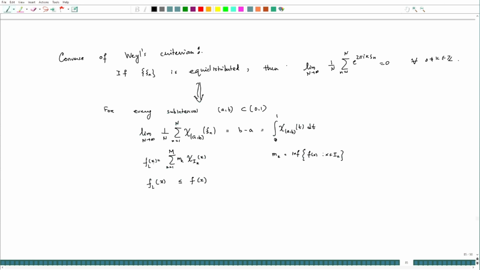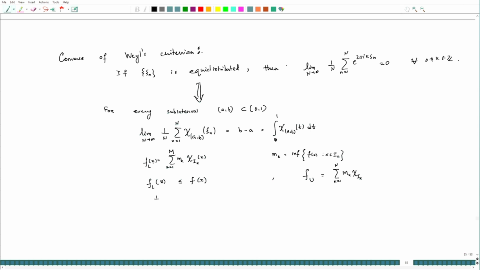Similarly, for the upper sum, I divide a b into n equal parts of length 1 by n, and take M k times the indicator function of I k.